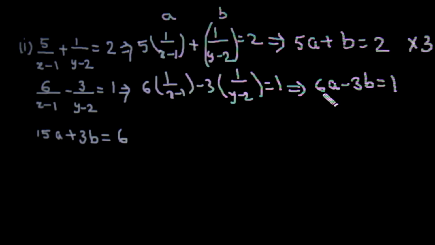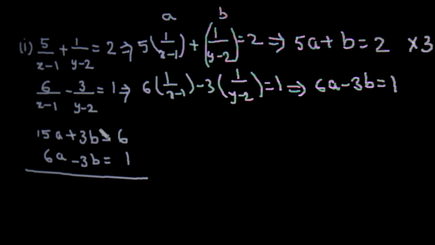You have to write this equation under this one: 6a minus 3b is equal to 1. One is plus, another is minus, therefore you have to add.